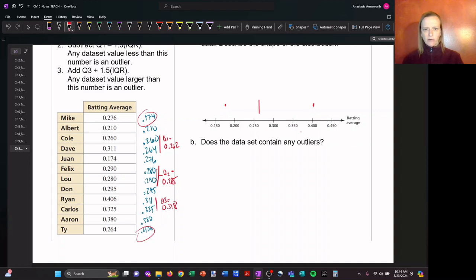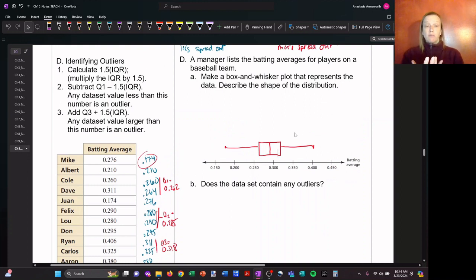And my quartile 3 value is 0.318, so that's going to be around just less than 0.32. Okay, so I'll make a box with those two numbers, and I need to plot my median, 0.285, so that's around here. And then connect my whiskers. And there is a box and whisker plot.